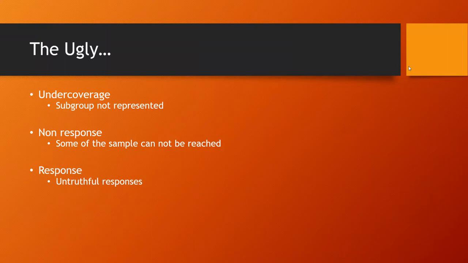Another type of bias is called response bias. And this is when you survey people and they give you untruthful responses. They lie to you. You ask them a question and they lie. Or they're influenced by the person asking them a question. So say I'm a brunette and say I was going to survey 50 people and ask them if they like blonde or brunette hair, what color they like better.